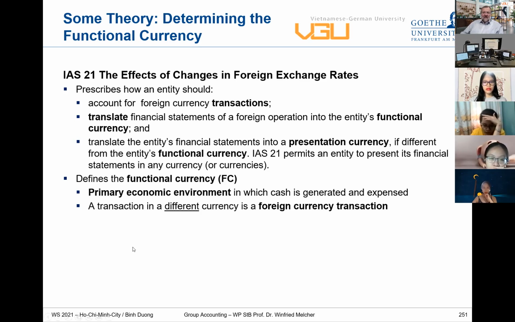But, well, what is the functional currency then? Well, the standard setters said that the functional currency is the currency in which the entity is primarily working. So what is the primary economic environment of an entity in which cash is generated and expensed?